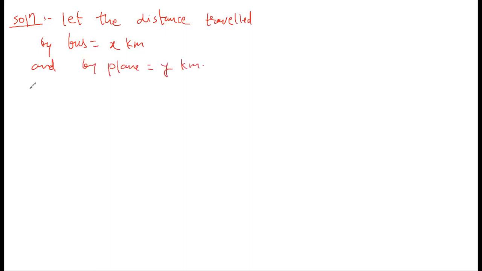Now by first condition we shall travel both by bus and plane. The total distance traveled is 1900, so x plus y equals 1900. Let's call this equation 1.